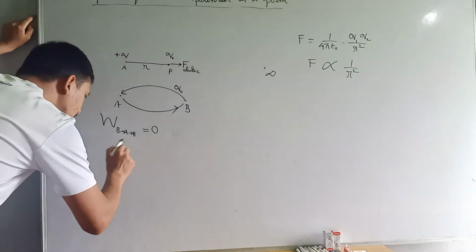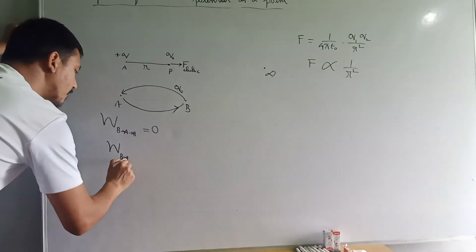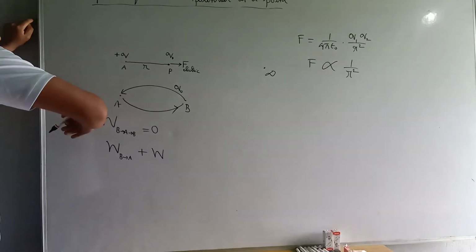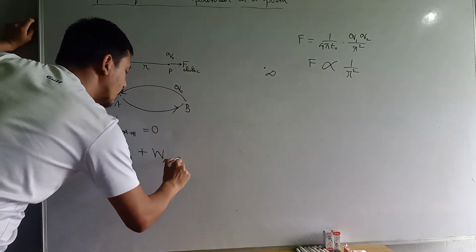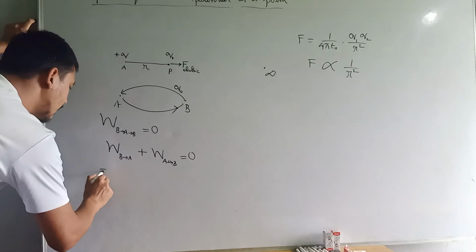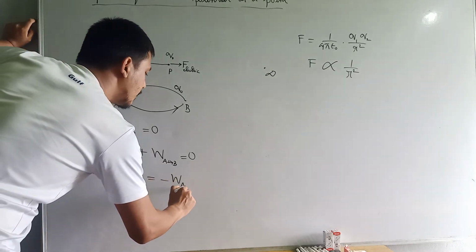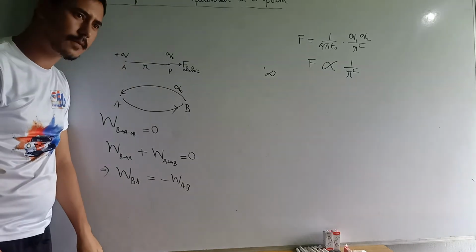That means work done in bringing the test charge from B to A plus work done in taking the test charge from A to B again will be equal to 0. In that case, WBA will be equal to negative of WAB. Are you understanding what I'm trying to say here?